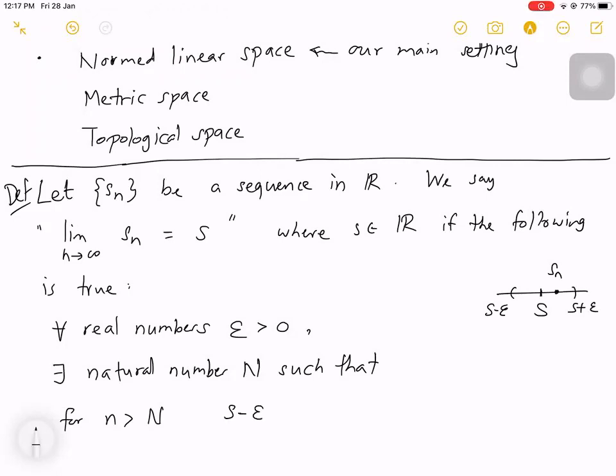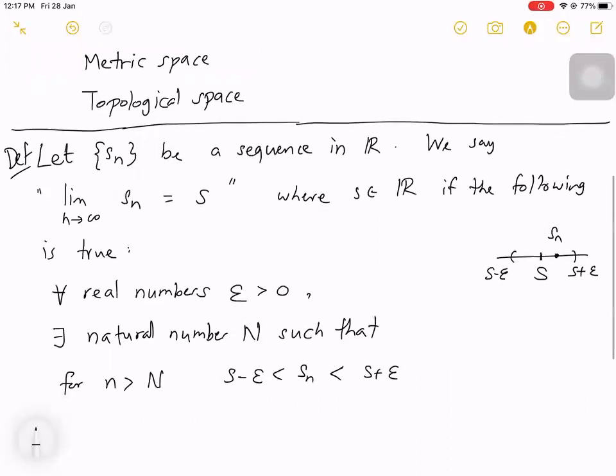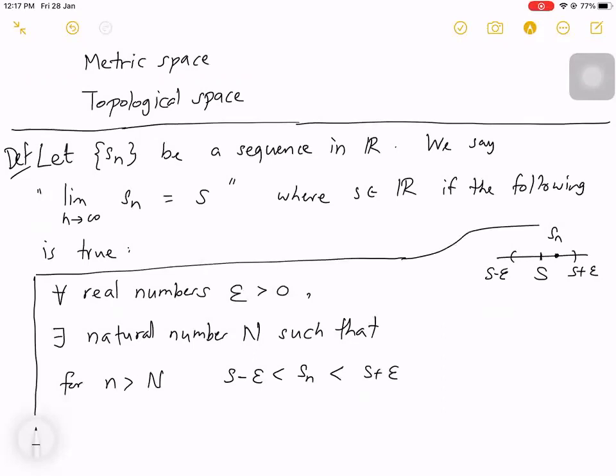S minus epsilon and S plus epsilon, this window catches all the elements of the sequence beyond a certain point, correct? So let's say this is Sn. That picture I also want to be part of it. Okay.